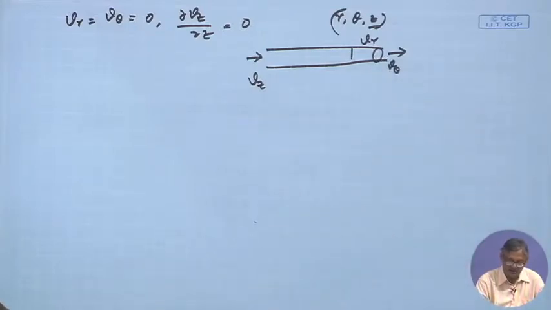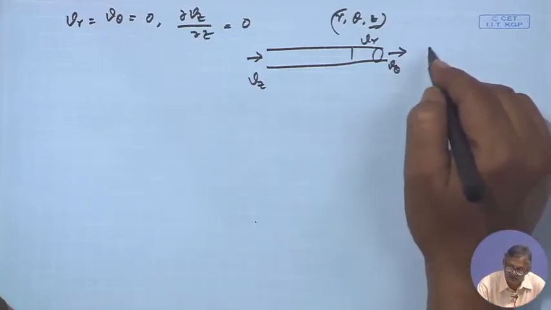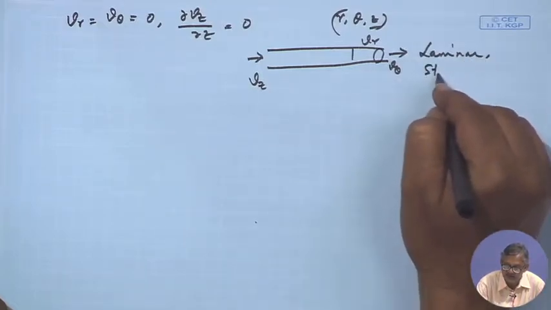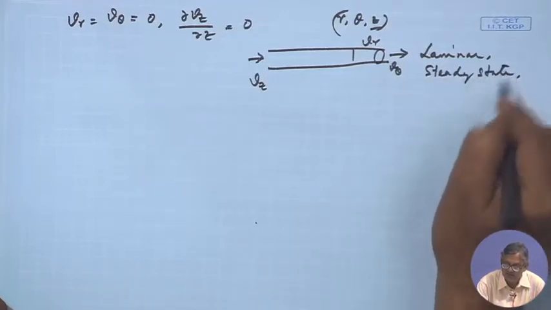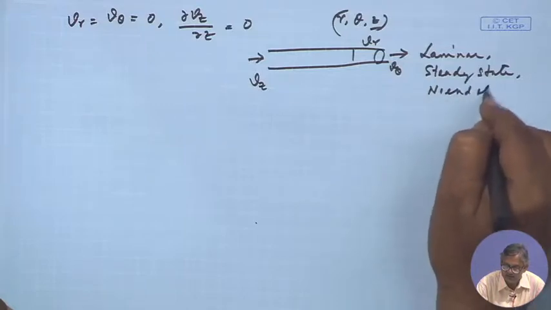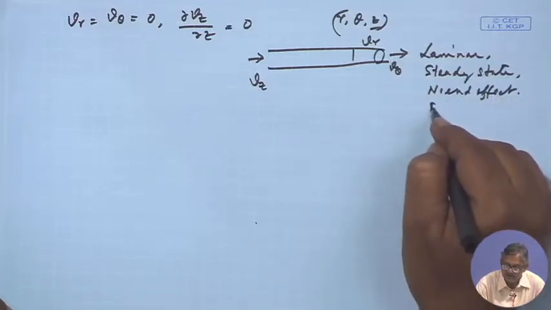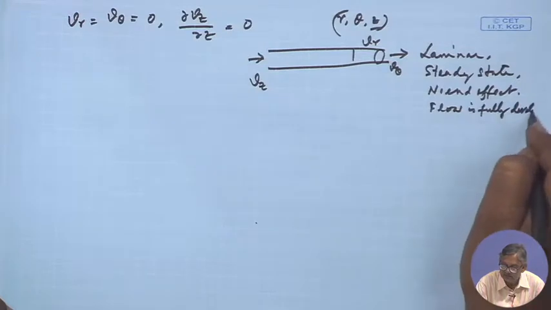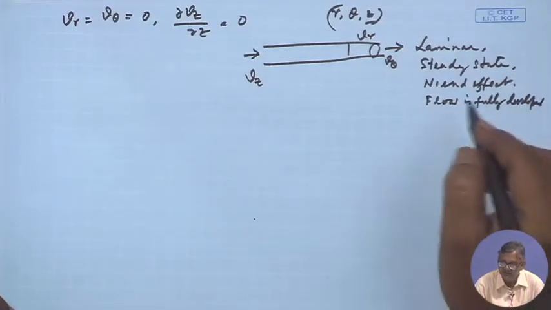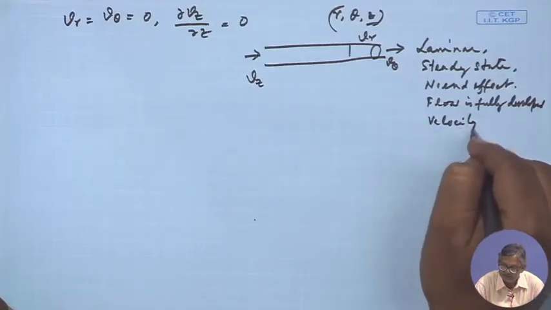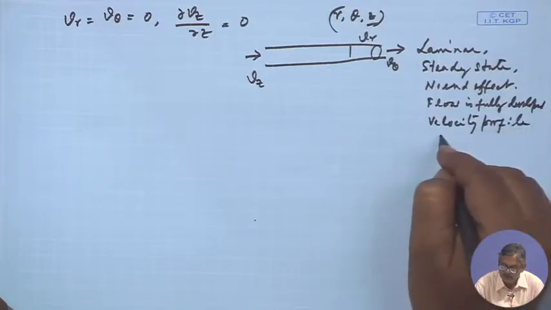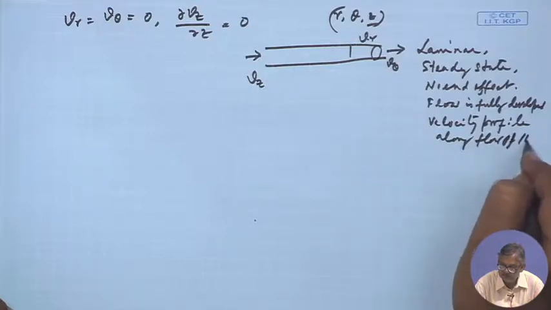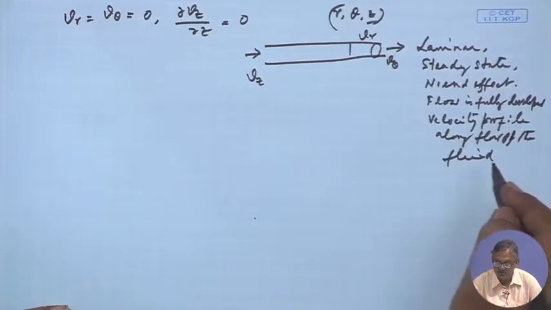Since the flow we assumed is laminar, we assume steady state, we assume no end effect, we assume the flow is fully developed, and we also assume there is no velocity profile along the flow of the fluid. So, we assumed all these.